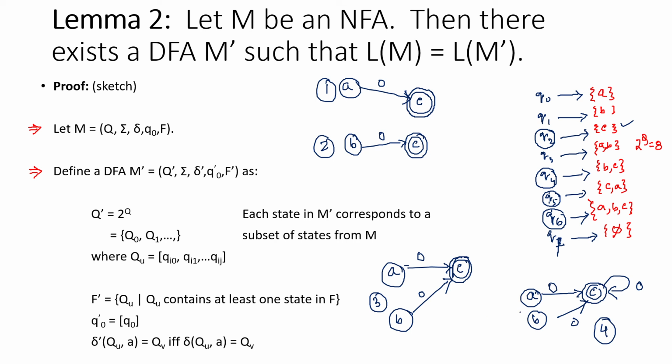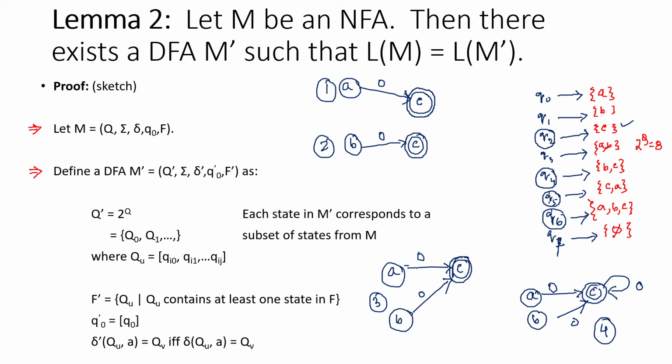So this is what this transition function is saying. Let's explain in a different way. What I mean to say is that we have these 4 possibilities.